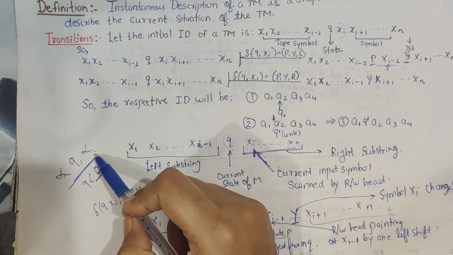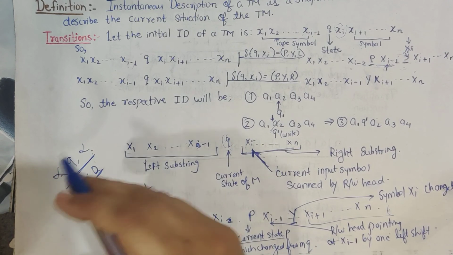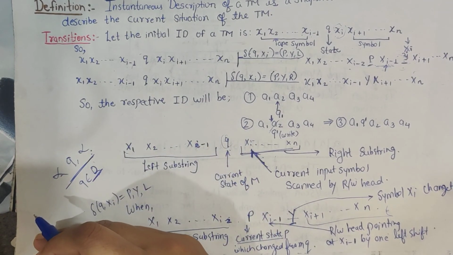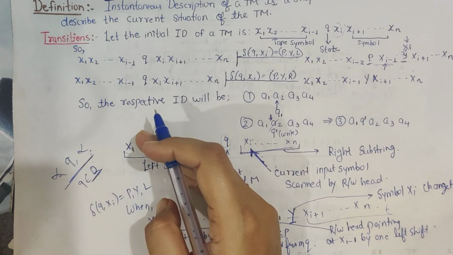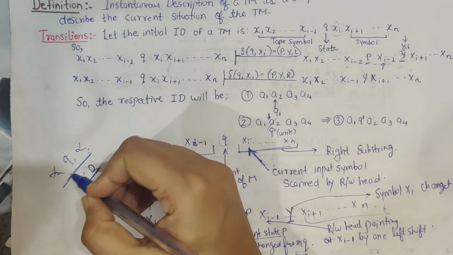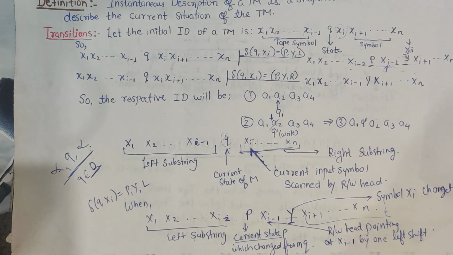Tau star. Tau star includes what? Blank also. Then alpha 1 alpha 2 represents the content of the tape up to the rightmost non-blank symbol or the symbol to the left of the head, whichever is the rightmost. The important point to note is that blank may or may not occur in alpha 1 and alpha 2.